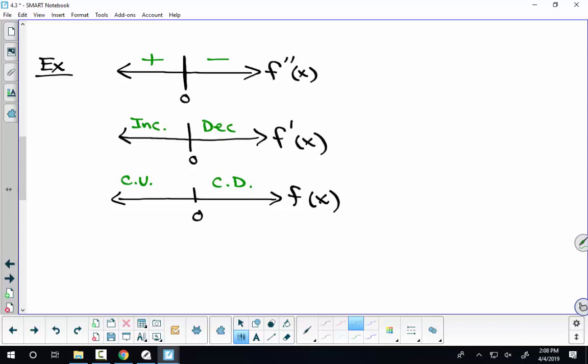So since there's layers to that, there are two different ways to think about concavity. The original function is concave down when the first derivative is decreasing, or the original function is concave down when the second derivative is negative. Same thing with concave up.